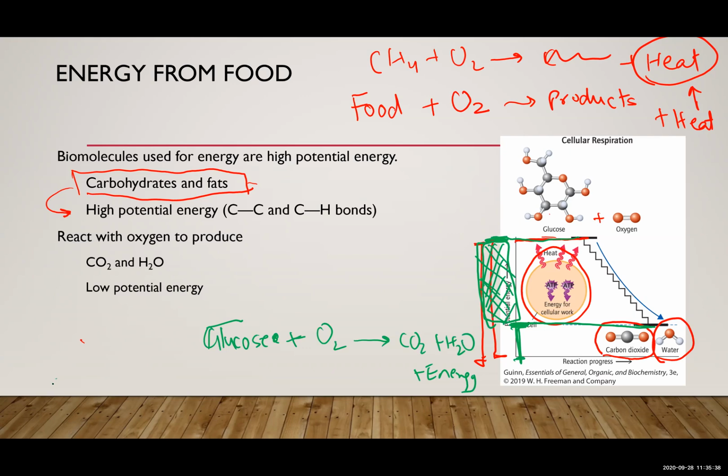Remember one thing: carbohydrates and fats have high potential energy, and carbon dioxide and water have low potential energy. So they have only this much energy, right? This is the extra amount of energy available for our body every time glucose is consumed. That's how we get energy from our food.